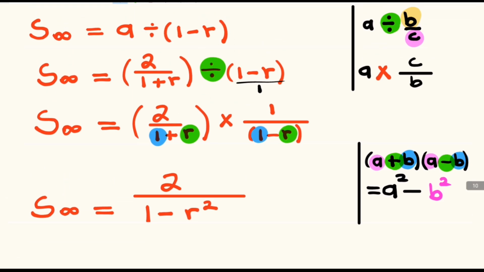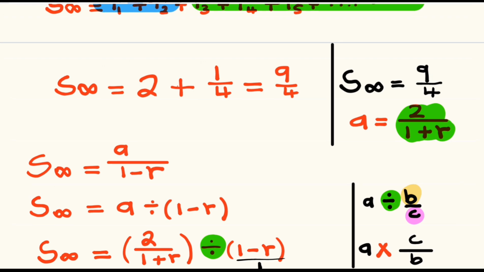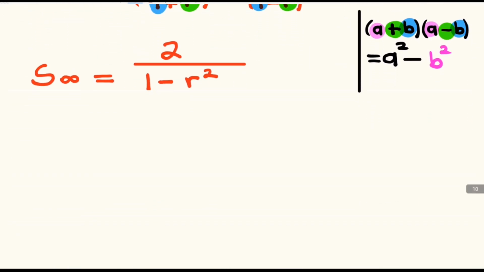So now we can substitute the 9 over 4 where there is sum to infinity. So in the place of the sum to infinity, we substitute 9 divided by 4, and this is equal to 2 divided by 1 minus r squared.